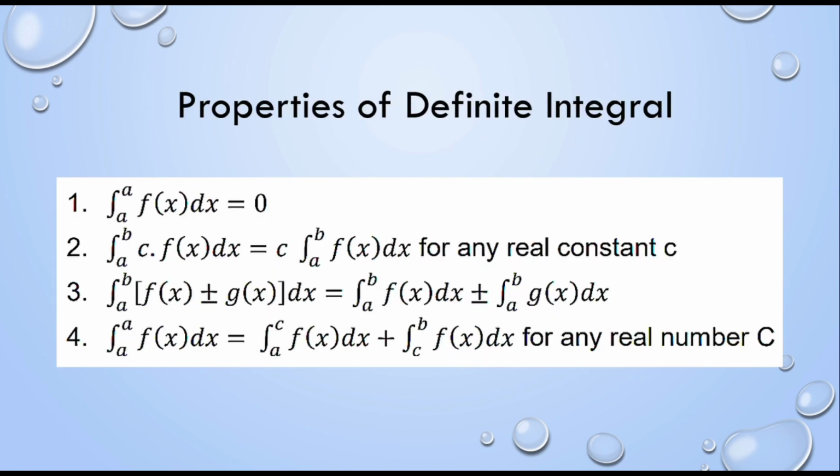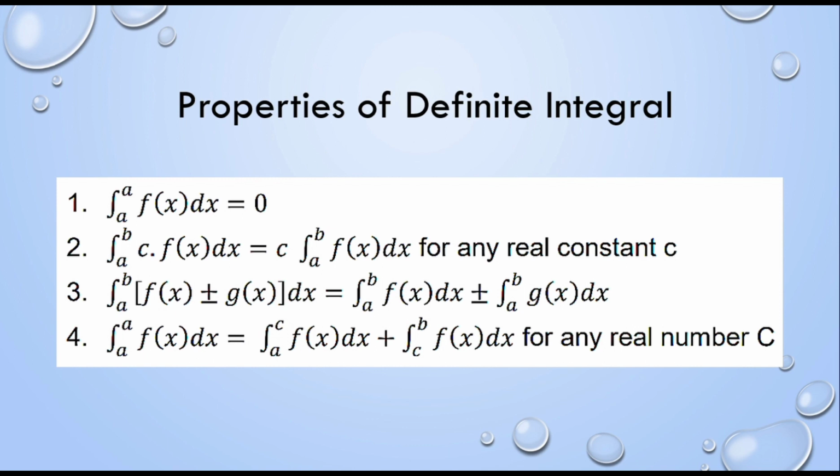There are four properties of the definite integral. Number 1, the definite integral with lower limit a and upper limit a of f of x dx is equal to 0.